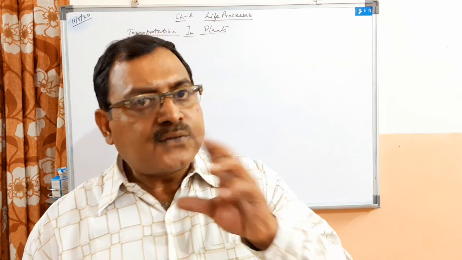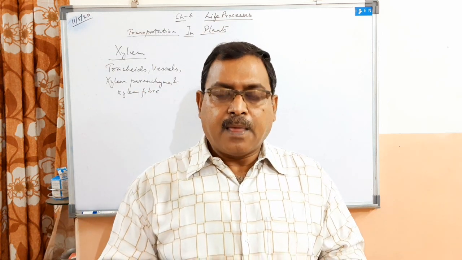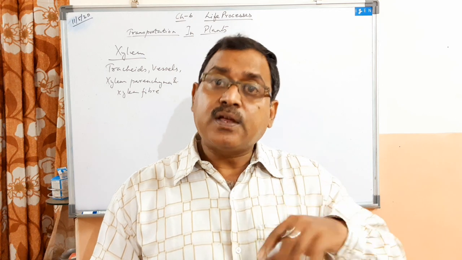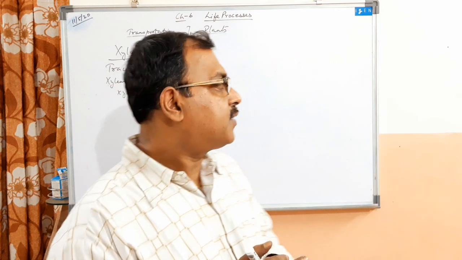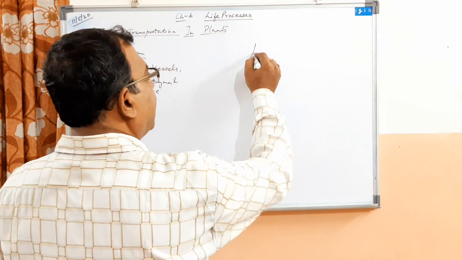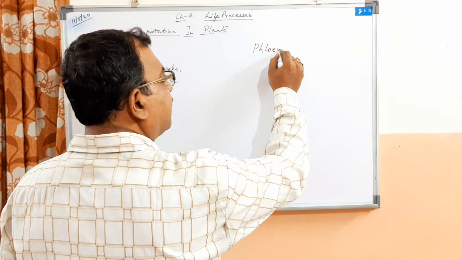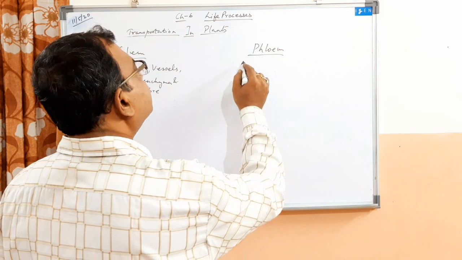Next, after the food is manufactured in the leaves, then through the phloem, food is distributed to each and every part of the plant body. Now phloem, as you have read in class 9, contains 4 different types of elements. What are they?